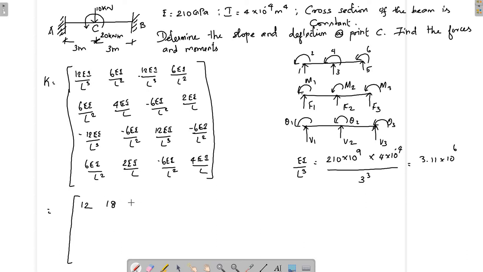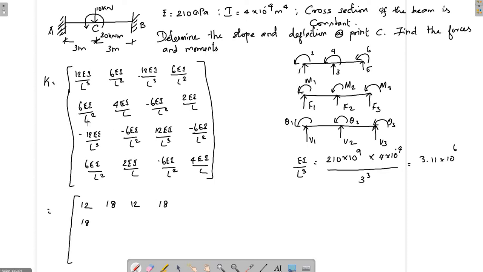Again 12 EI by L cube. Again 18. In the next line, 6 into 3 is 18, because 1 L is missing. If you take EI by L cube outside, here EI by L square is available, so we have to multiply the upper side with L, so that multiplying both on top and bottom, you will get EI by L cube. So you can take EI by L cube outside.